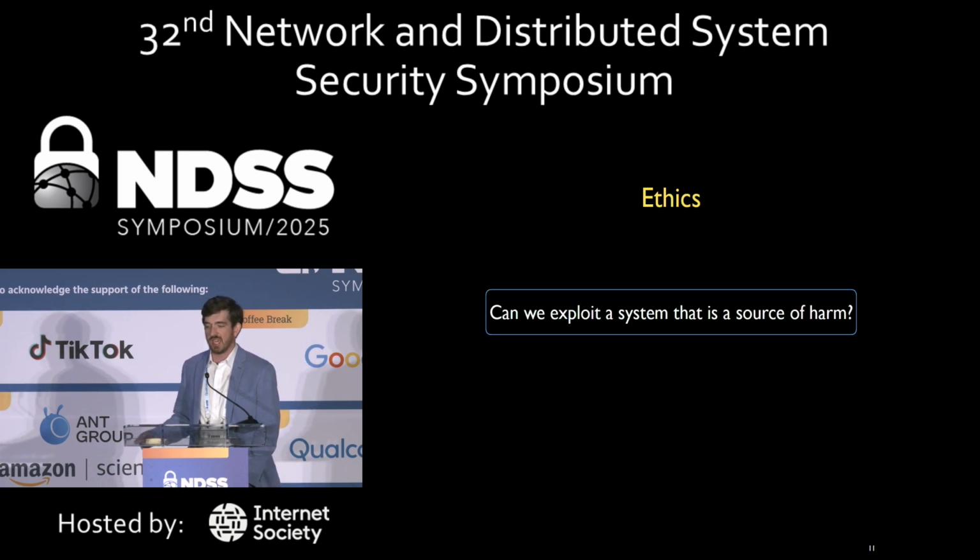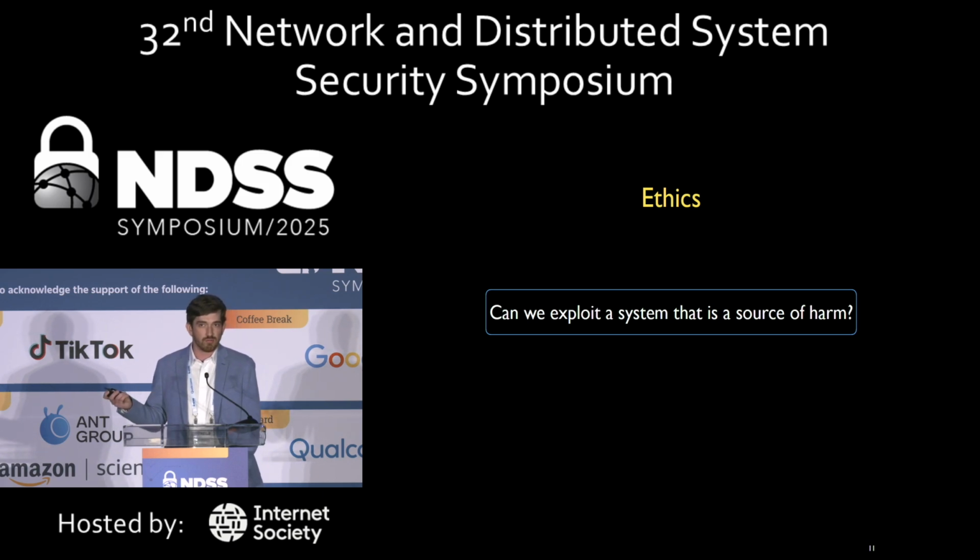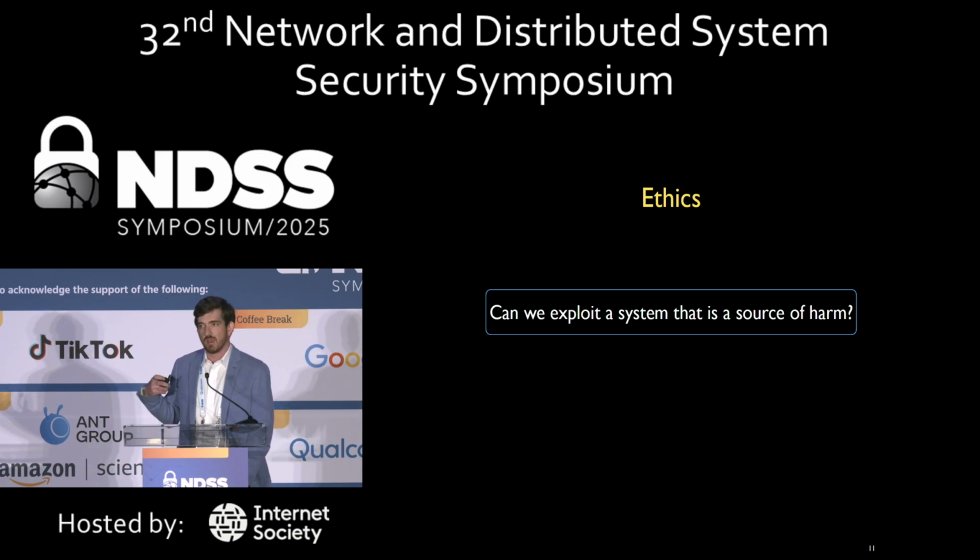The first being, can we exploit a system that is a source of harm? As security researchers, most of you probably know that you can't exploit systems that you don't control. We believe that this is an atypical situation where the system that we are exploiting, or were exploiting, was causing harm to millions of users every single day.